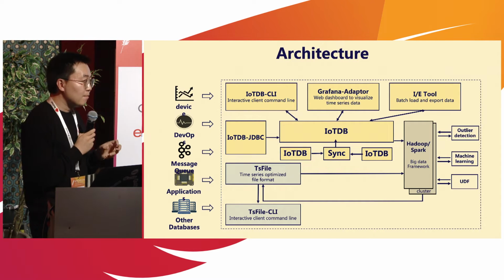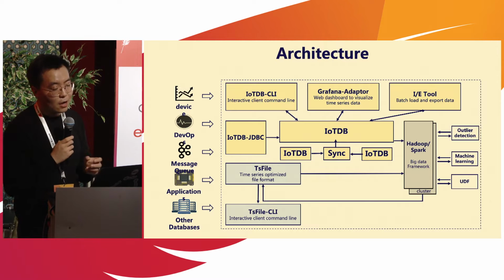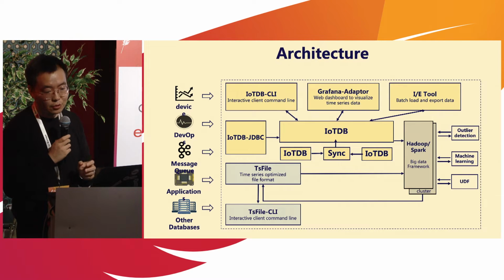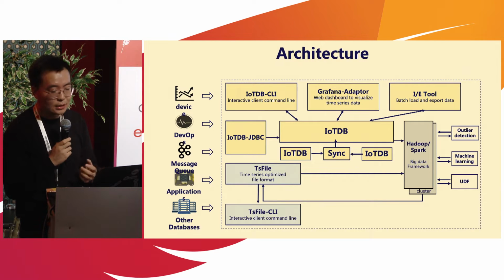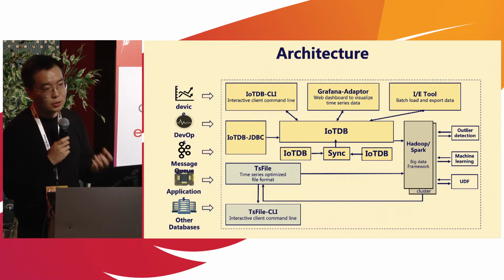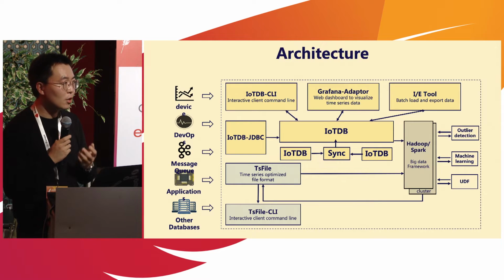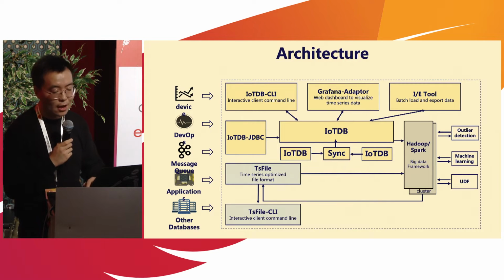The difference is that TsFile is optimized for time series data. It plays the role of the file layer of IoTDB. TsFile can be recognized directly by Spark and MapReduce, so that you can use these big data analysis software to analyze the data in TsFile.